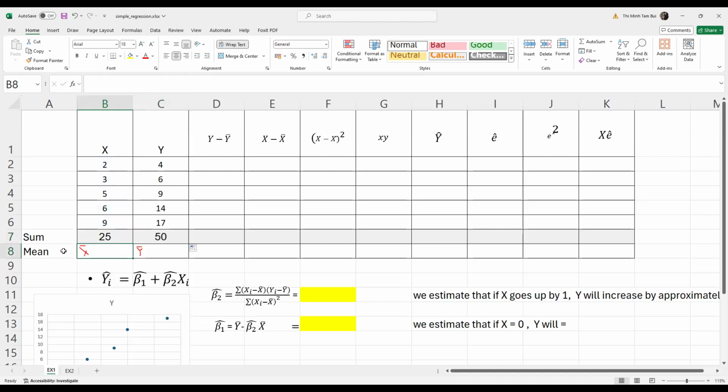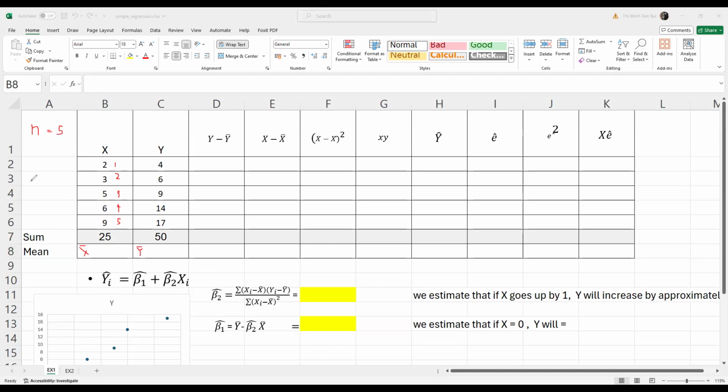And then to find the mean is average. There are two ways to find the mean. First, we count the number of observations: 1, 2, 3, 4, 5 data. So n equals 5.